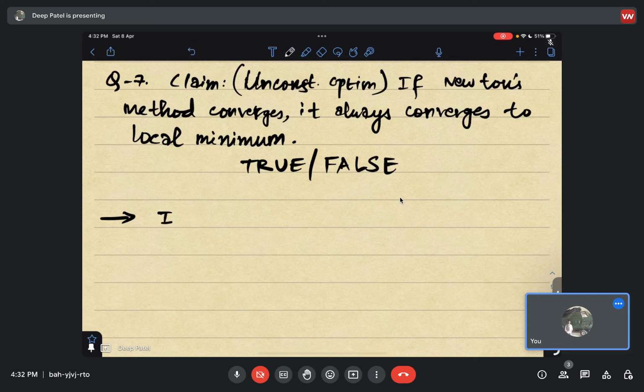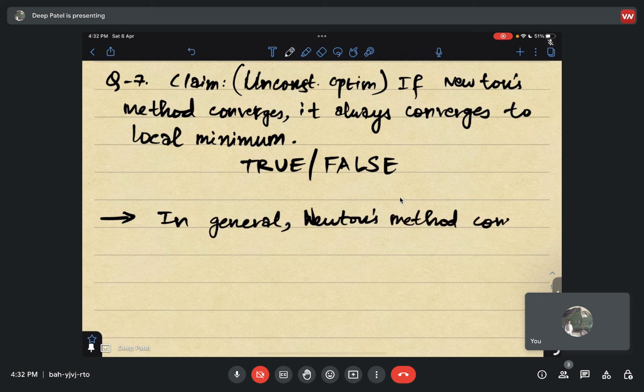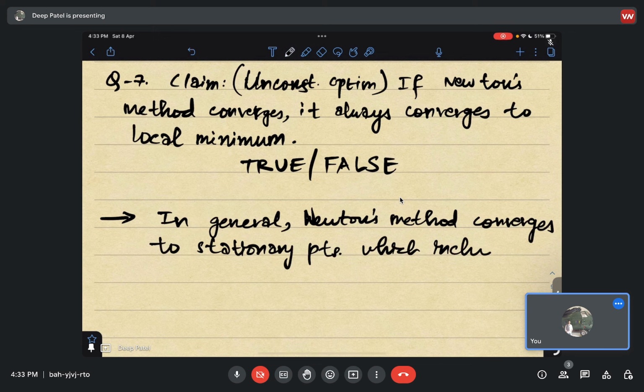In general, like you said, Newton's method converges to stationary points, which includes saddle points also.